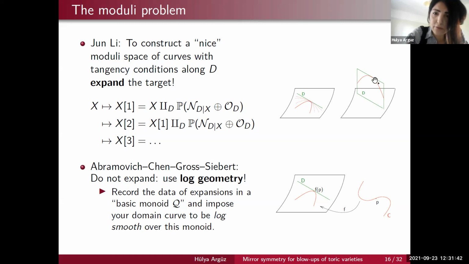So what you need is to create a bubble, and rather than looking at the curve that falls into D, look at the curve in the bubble. So he creates what are called expansions by considering P1 bundles over D.